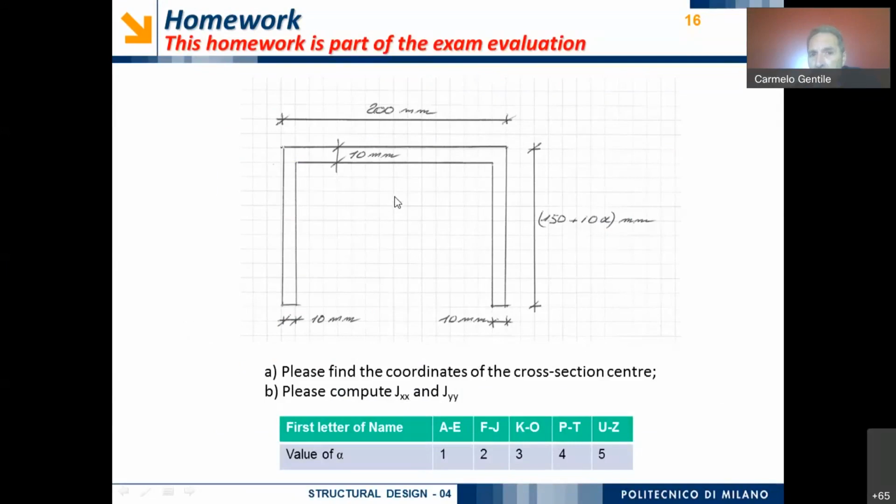I suppose that the center of the cross section is more or less in this position. Something around this position. And afterwards, once you have evaluated the position of the center, consider the horizontal axis and vertical axis passing through the center, and please compute the inertia moment with respect to the horizontal and vertical axis passing through the center of the cross section. Okay?